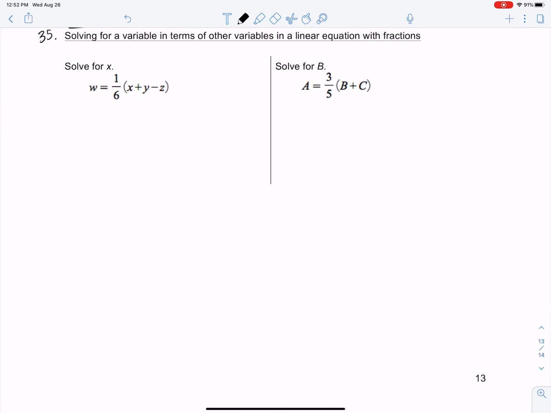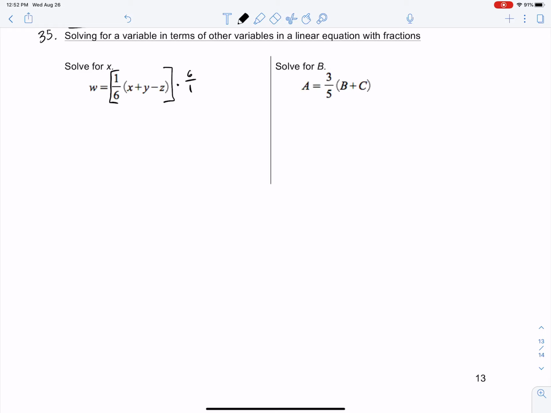Solving for a variable in terms of other variables in a linear equation with fractions. So we've seen fractions, specifically how to clear fractions. I'm using that word clear because that was one of the titles of the sections that we did previously for 1-1. But how do I get rid of that 1/6? I need to take the reciprocal of 1/6, which is 6 over 1.